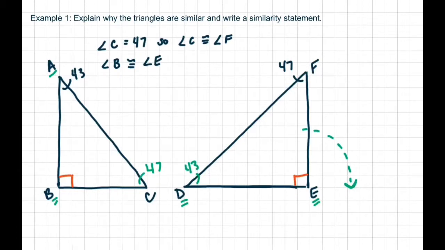So they're both 90. So that means that triangle ABC is similar to triangle DEF by angle-angle similarity.